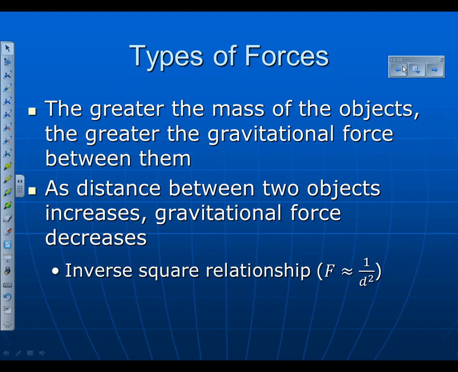So, as I stand here 1 meter away from Nicole, there is a gravitational force between us. If I move back, so now there's 2 meters between us, that gravitational force decreases. But it's not half as much, it's 1/4 as much, because we put a 2 in there, and 2 squared is 4. Okay? Good there?